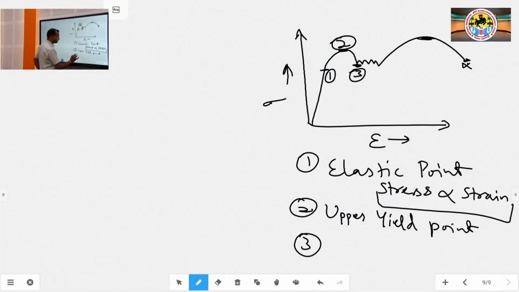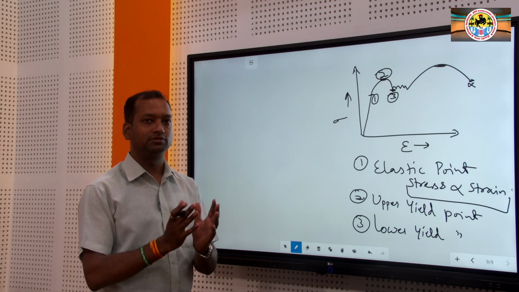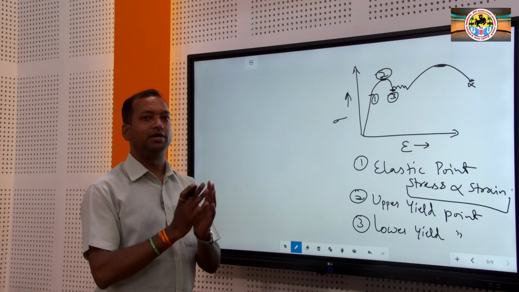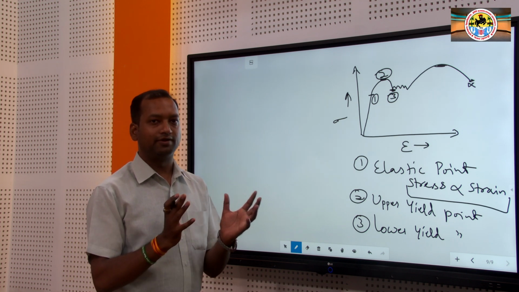Point number 3 is termed the lower yield point. Lower yield point is the point from where the internal structures, the internal grains, and the bonding between these grains, which holds the material together in solid materials, will start to break after crossing point number 3.